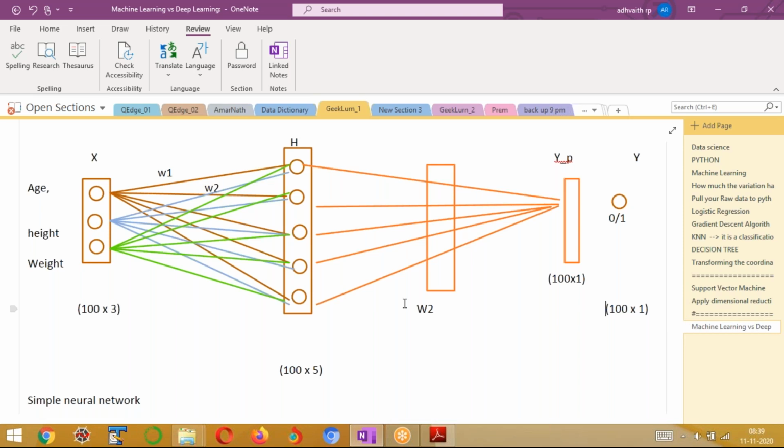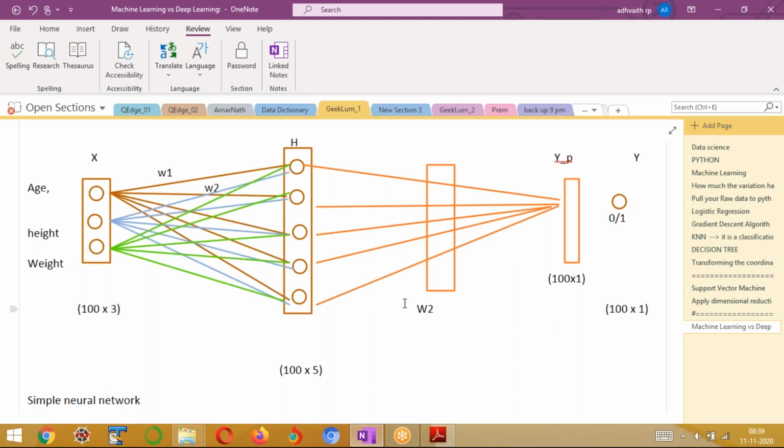So this is like a one-way construction. Weight 1 value is created and weight 2 value is created, and you achieve the result. This is what is called the feed forward method.